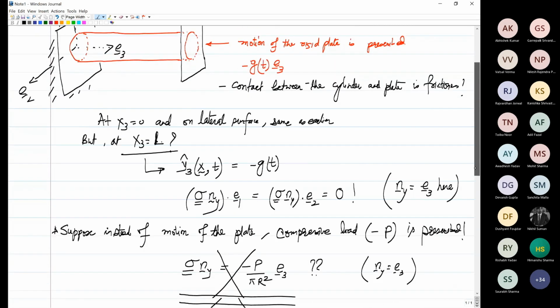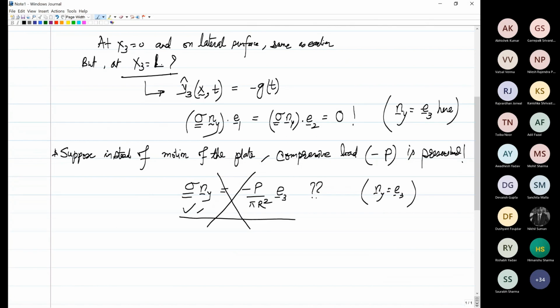And when you apply sigma ny, it acts on the current area. So this should have been the current area, not the original area.